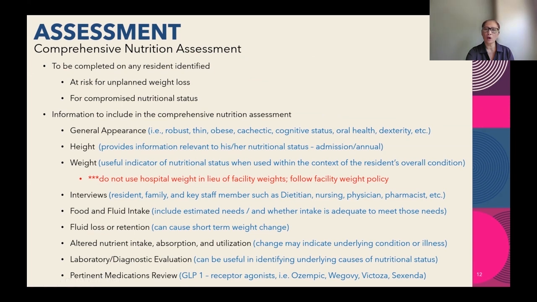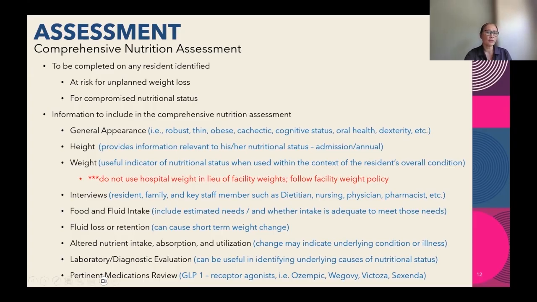And I could share so many different events that led to either an IJ or a G level tag on F692 because the facility decided not to follow their weight policy, and then they decided to use the hospital weight, and then 10 days post long-term care admission, there was now a 20-pound difference when the facility finally decided to obtain their own weight. And so then that was unplanned, unexplainable, and therefore the facility just took the tag. So please do not use hospital weight. I can't stress that enough.